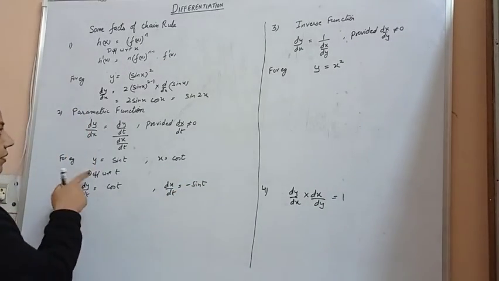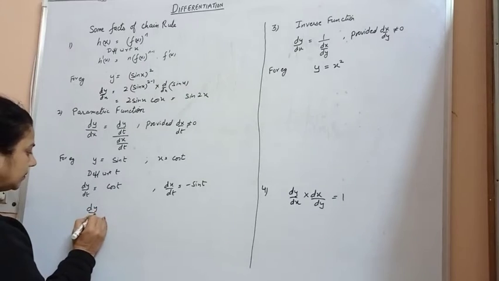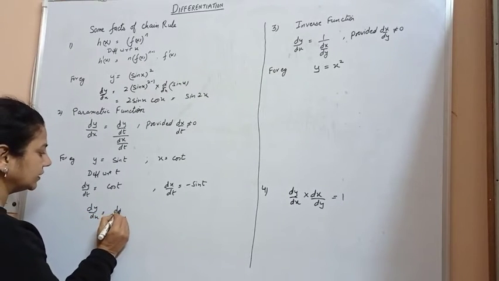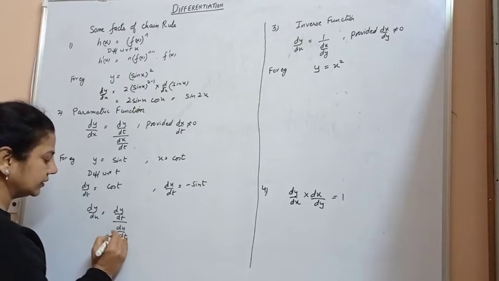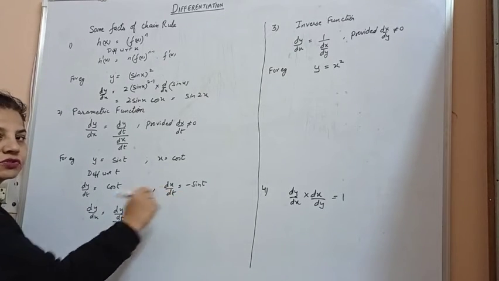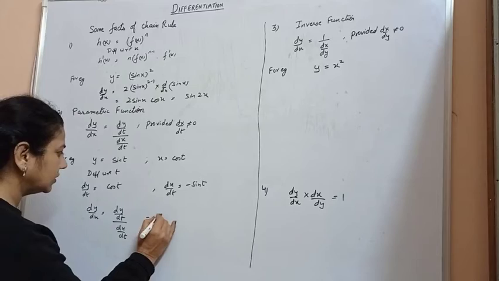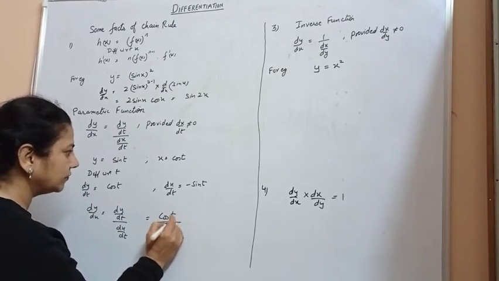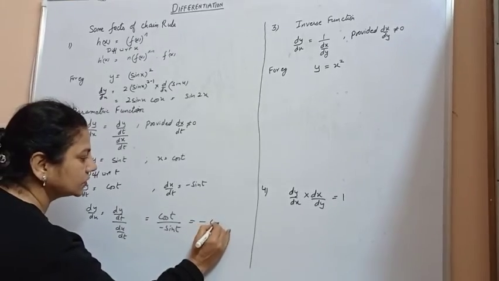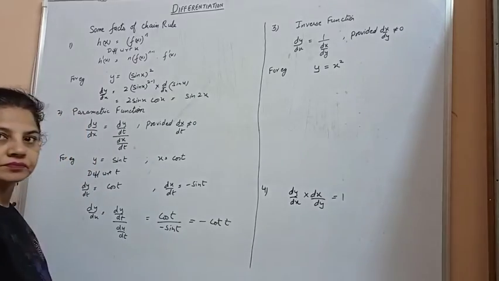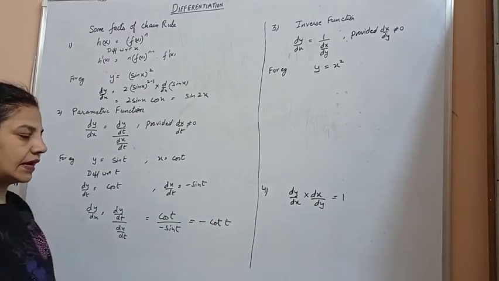To calculate dy/dx, we need dy/dt divided by dx/dt, as dx/dt is not equal to 0. So we have cos t divided by minus sin t, which is equal to minus cot t. t is the angle in this case.